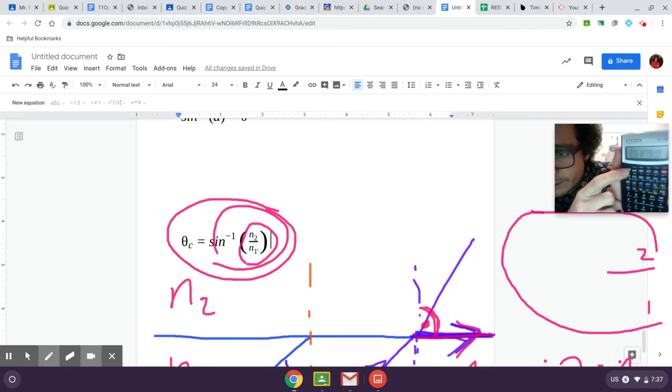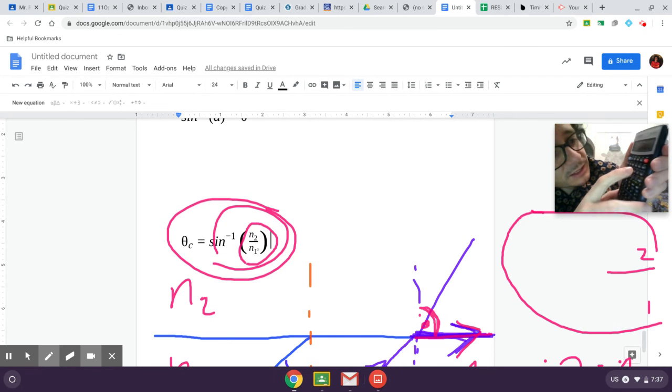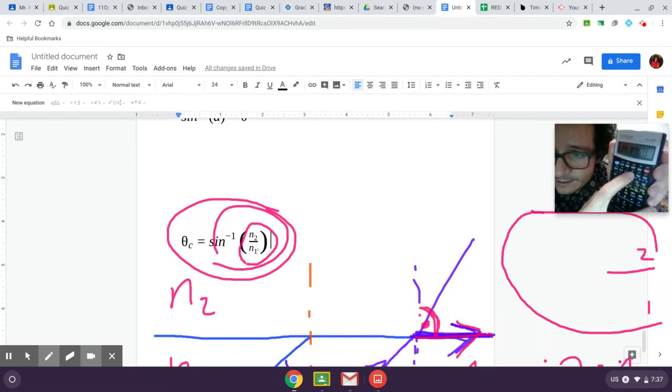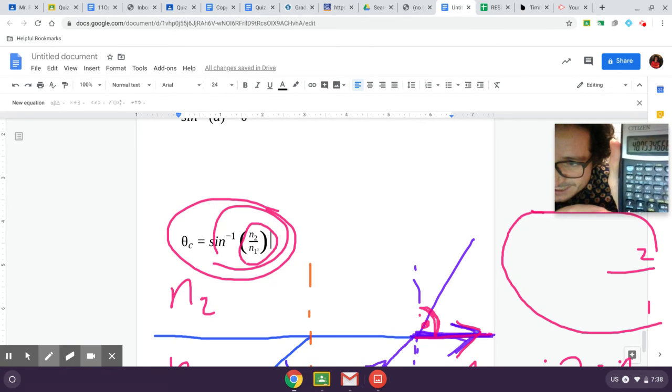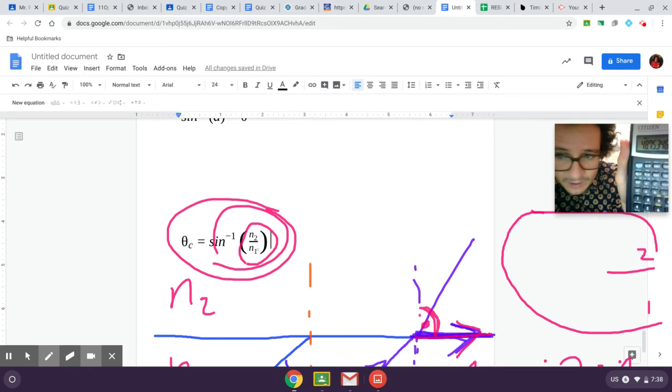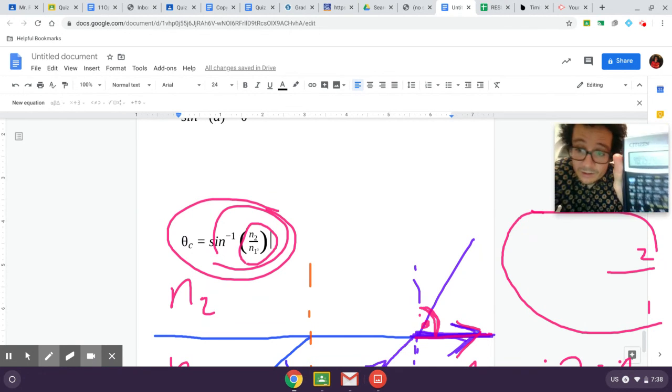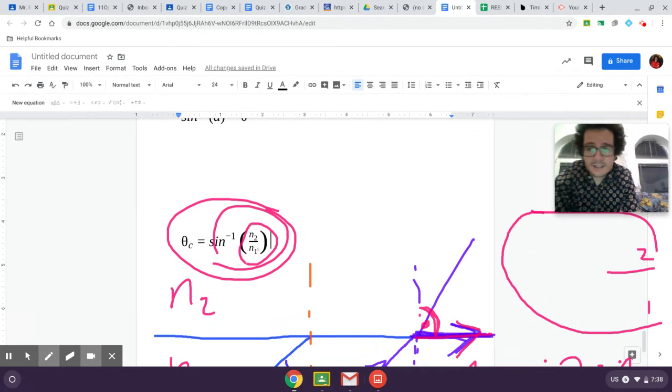Okay, so in this calculator, second function, and then I apply sinus to the minus 1. Okay, what it says there, 48.7 degrees. That's the critical angle for when you have water and air mediums. And remember, I told you that the index of refractions are constants, so that's the critical angle always when you have a ray that is inside the water and it has a surface with the air.